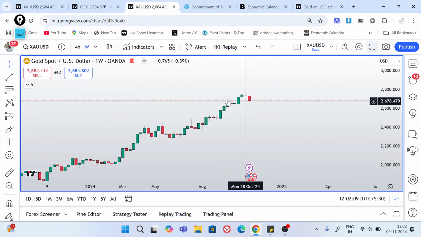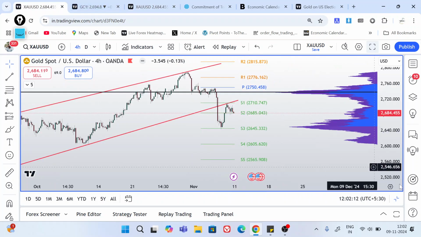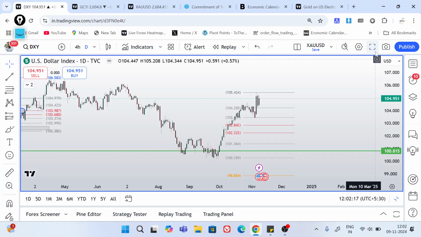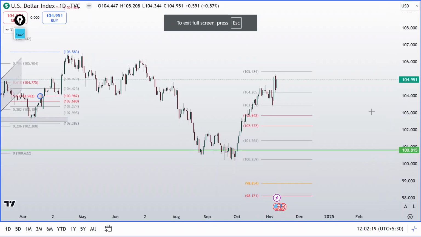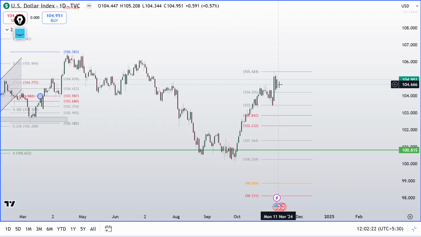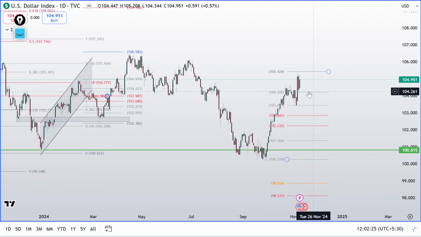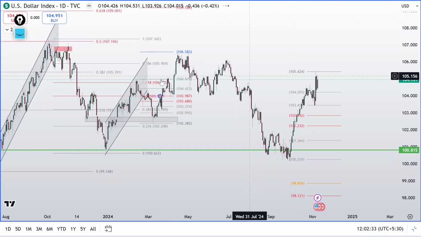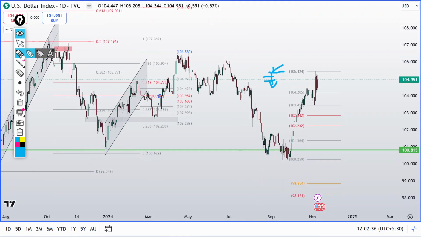Also, if we check the dollar chart, you can see we have seen a continuous bullish run on the dollar, and after taking a pullback near this level, currently it is moving to the higher side, and the next resistance on the dollar chart is this level around 106.